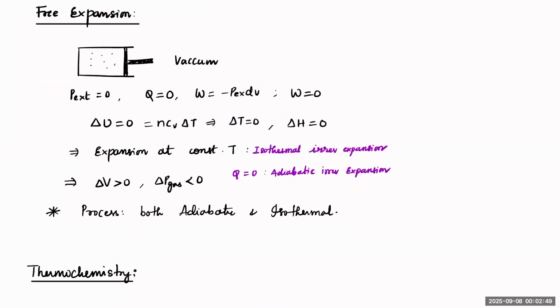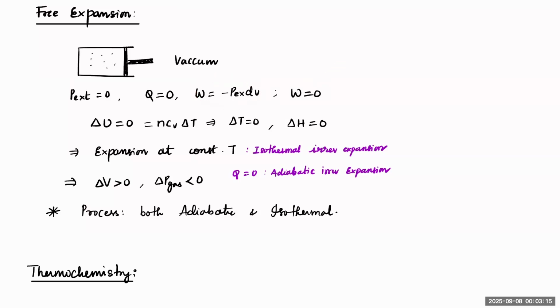Right. So let's see this now. Any particular expansion that is happening, but outside being vacuum. Then obviously inside there is a pressure existing, but outside there is complete vacuum. So there is no P external to operate. If P external is not there, then the work done will be zero.